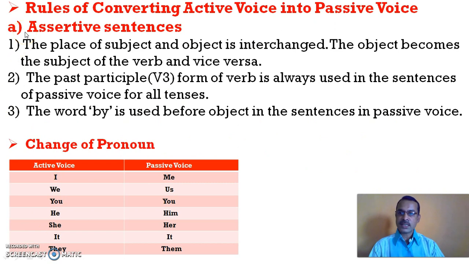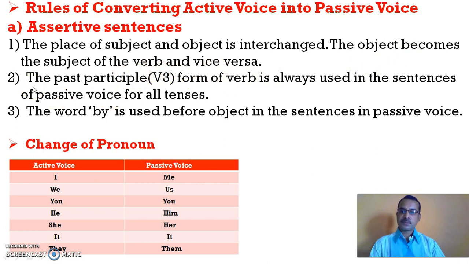Now let's have a look at the rules of converting active voice into passive voice. At first, we should take into account how assertive sentences are converted into passive voice. There are some rules of converting these sentences into passive voice. At first, the place of the subject and object is interchanged. Just now I told you about it. The object becomes the subject of the verb and vice versa.